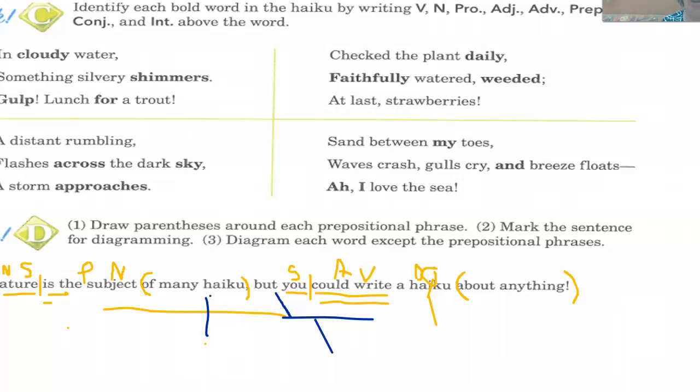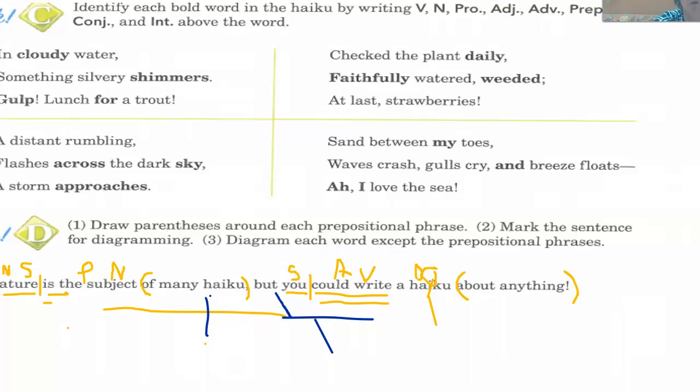Now, we have a compound sentence in the sense that we have a second subject and a second verb that we have to work with. So I want you to go down here and do your horizontal line doing subject, action verb, direct object.